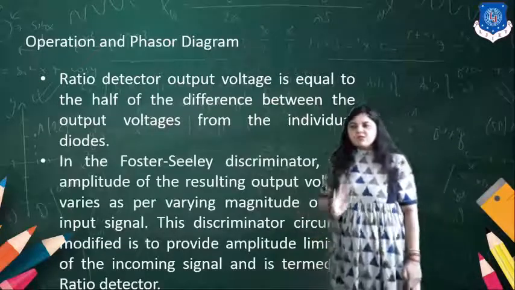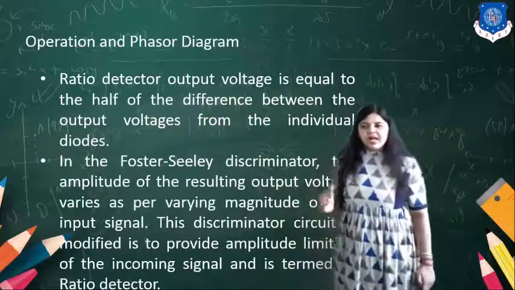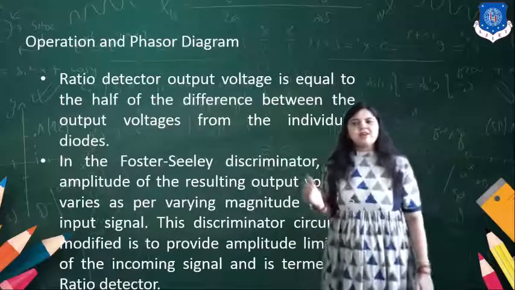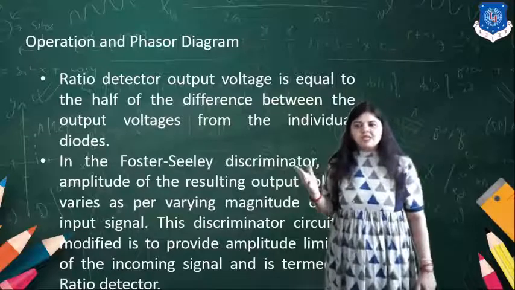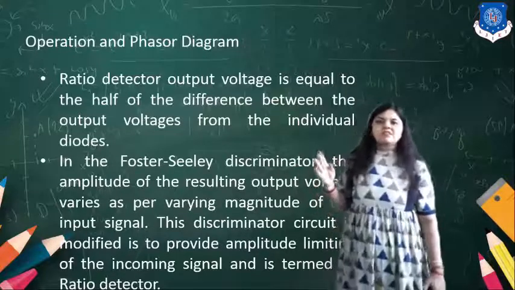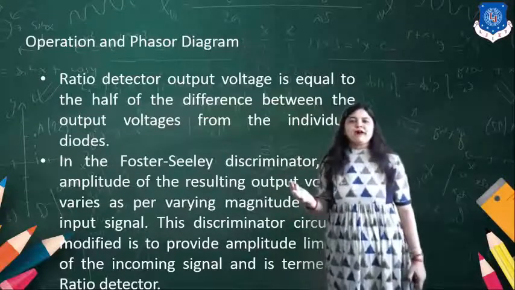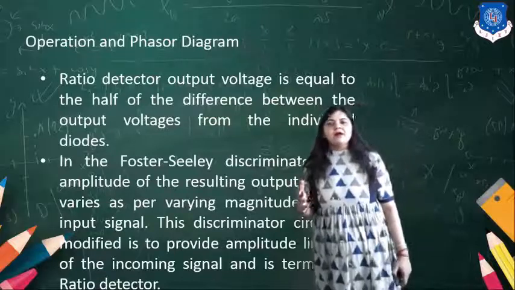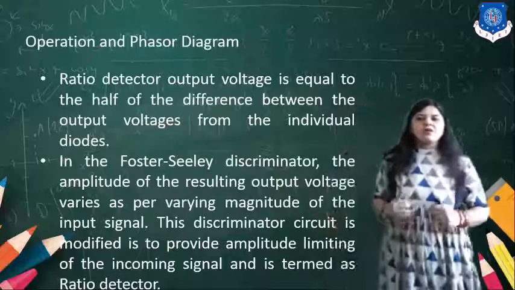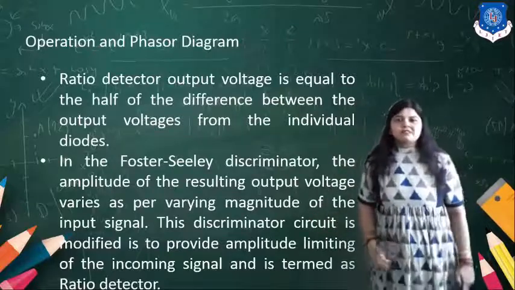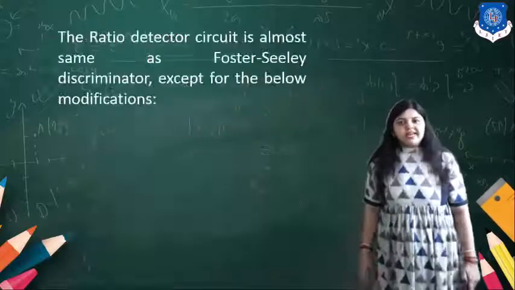Now in the Foster Seeley discriminator, the amplitude of the output varies according to the change in the input signal, and the discriminator circuit is modified to provide amplitude limiting of the incoming signal, which is termed the ratio detector.